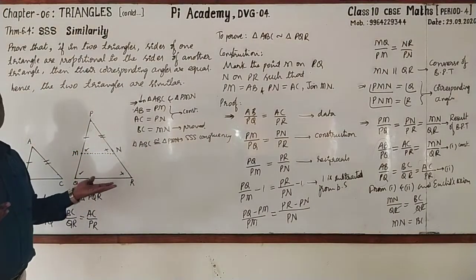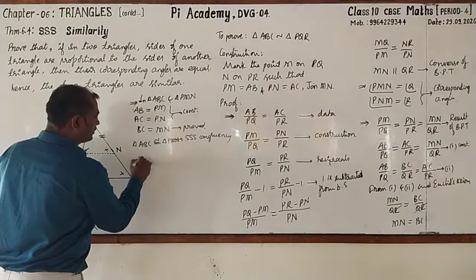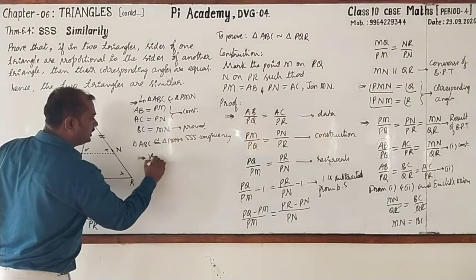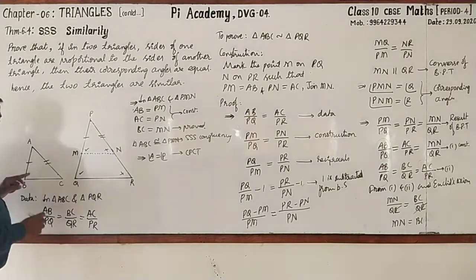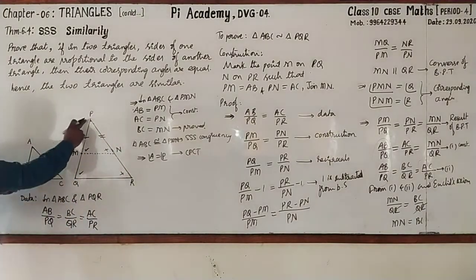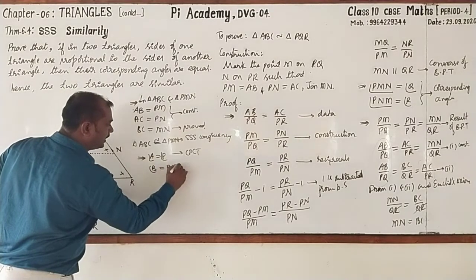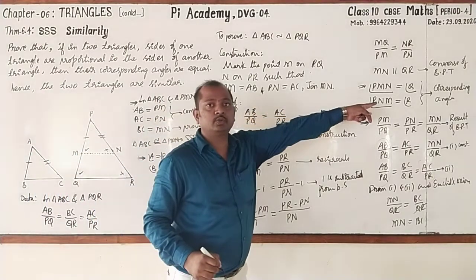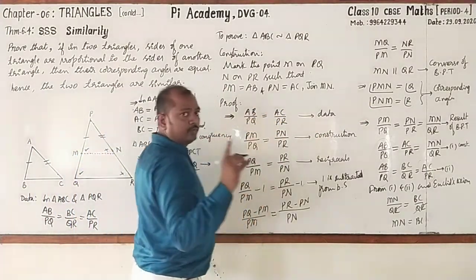Now two triangles are congruent. If two triangles are congruent, their corresponding angles will be equal. Here I'll write angle A equal to angle P. This is from CPCT. Next we know that angle B equal to angle PMN, and PMN is equal to angle Q. Followed?